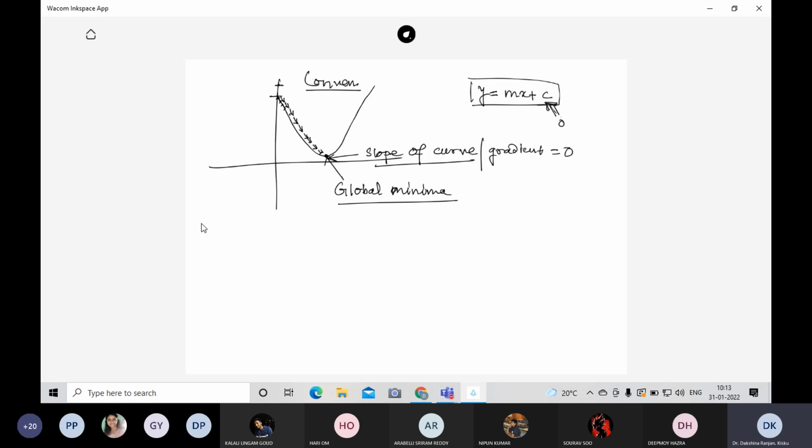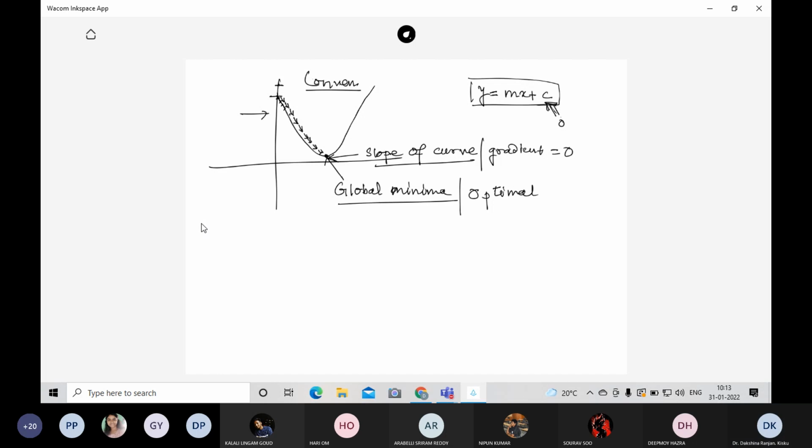In this way, if we gradually increase the value of the intercept in the linear regression, then we can have this type of convex curve, or convex function. This convex function will give us the global minima or optimal representation of the regression function.